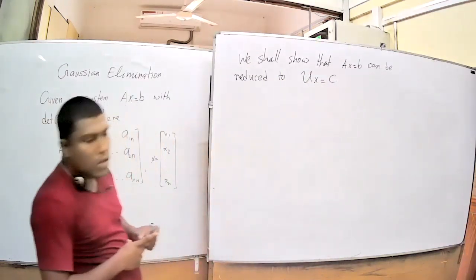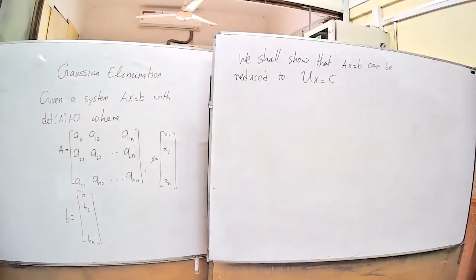So we are going to show that the system Ax equal to B can be reduced to Ux equal to C, where U is an upper triangular matrix, which you all know. Now this is an n cross n matrix, so we have to prove these results by mathematical induction.